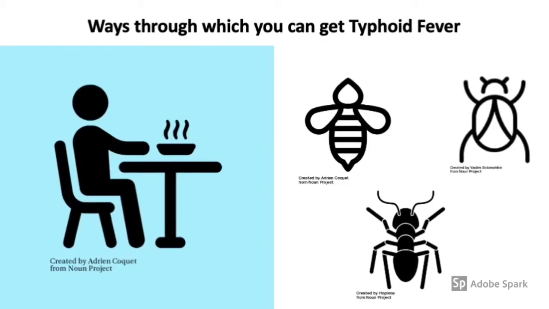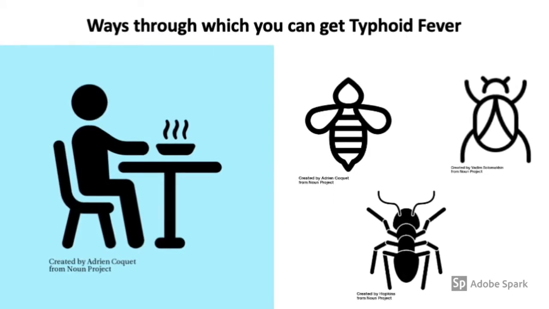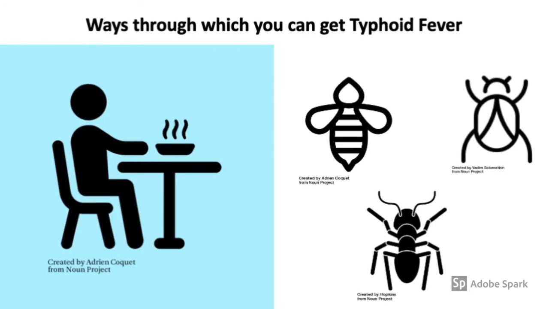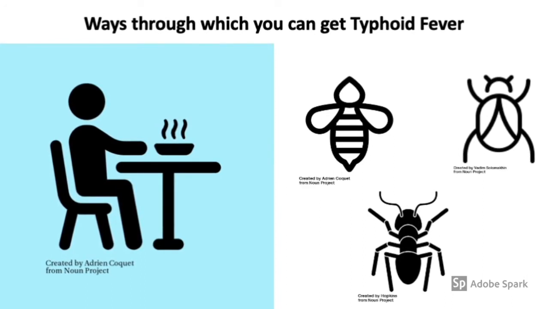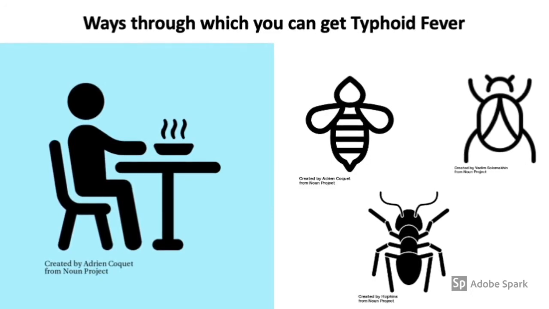Such as by ingesting water or soil that has come into contact with infected feces, eating food that has been prepared or touched by someone who has typhoid fever and has not washed their hands after going to the bathroom, eating uncooked fruits and vegetables which may have been grown on farms that use untreated sewage water or contaminated soil.